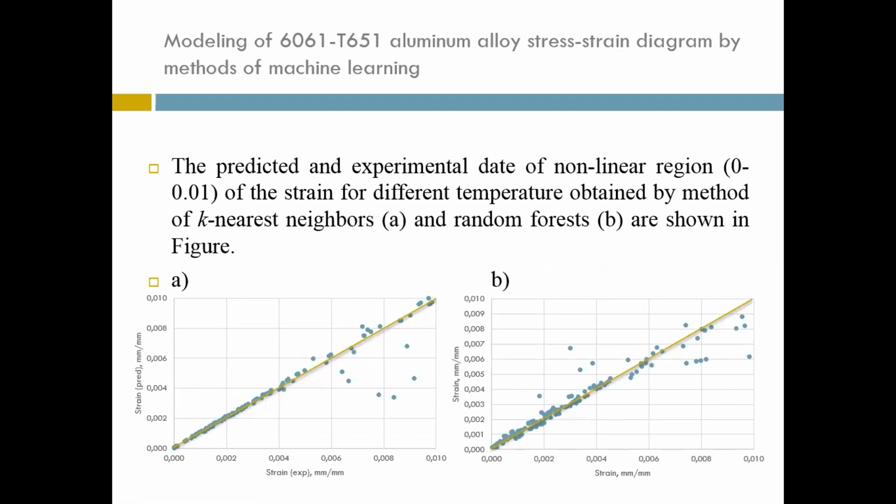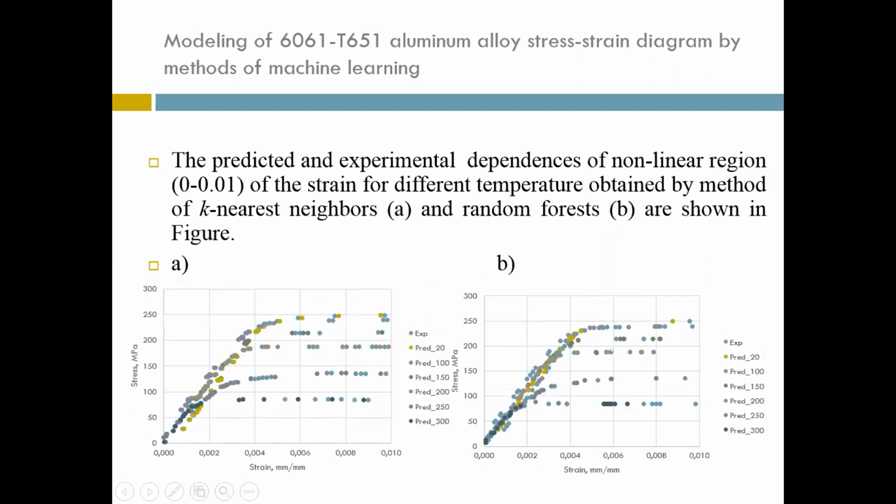This is the prediction of experimental data of the non-linear region by the first method, K-nearest neighbors, and the other, random forest, for different temperatures.